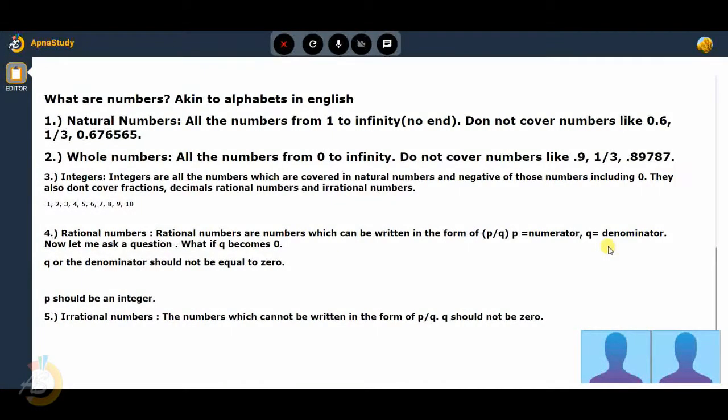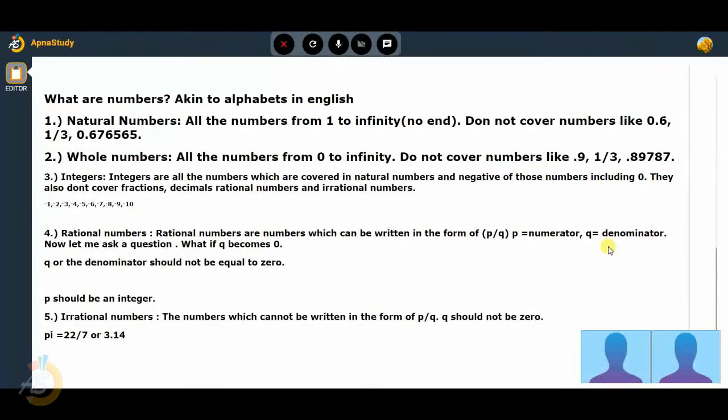For example, pi, as you have said, is 22 by 7, or we write it as 3.14. But this is not the value of pi. The correct value of pi does not end. It is a non-terminating number. The numbers which end are called terminating numbers, and the numbers which do not end are called non-terminating.